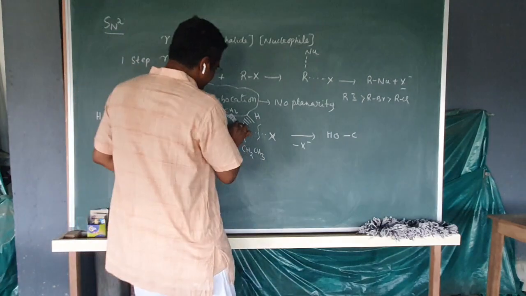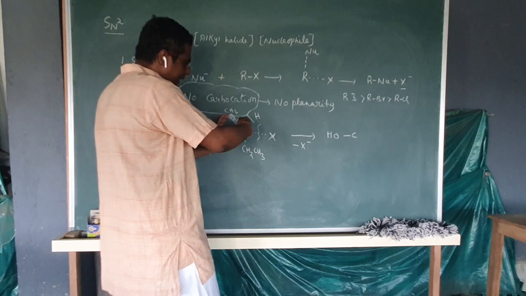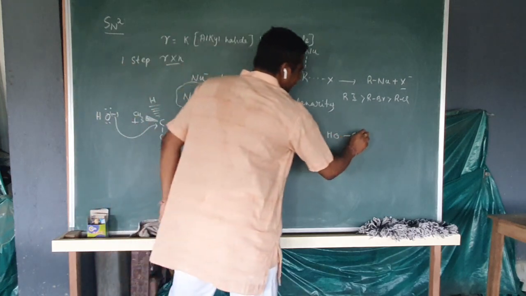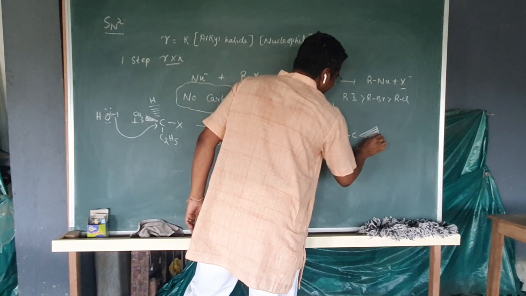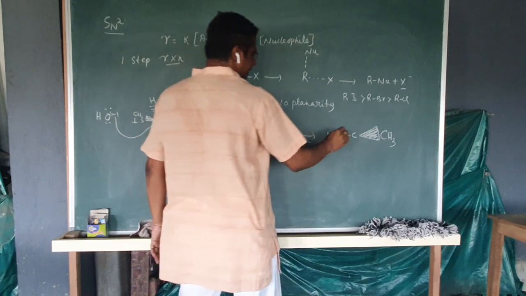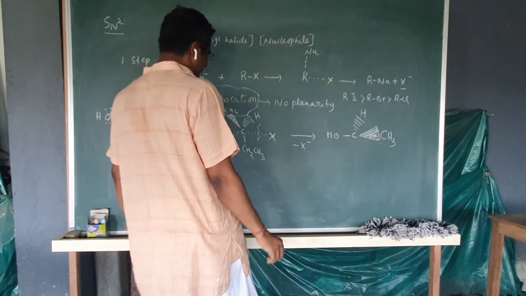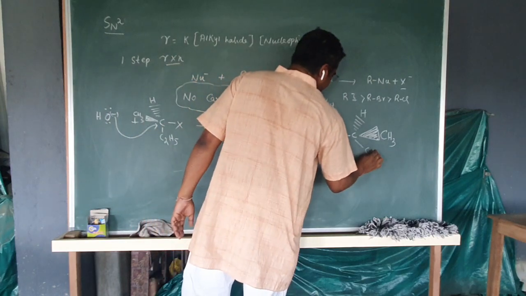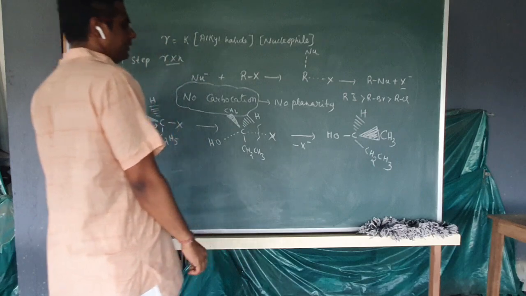So what happens is, this part of the umbrella, which was basically on this side, the wind comes and it goes like this. It forms like this. Okay? And definitely this will be below the plane of the paper, CH2CH3. Okay?